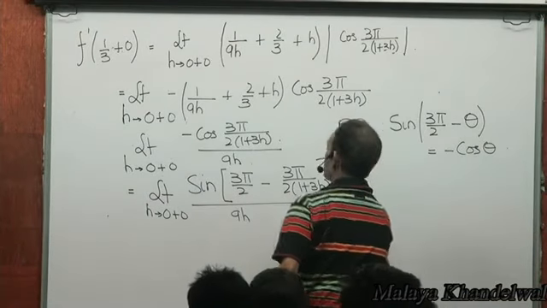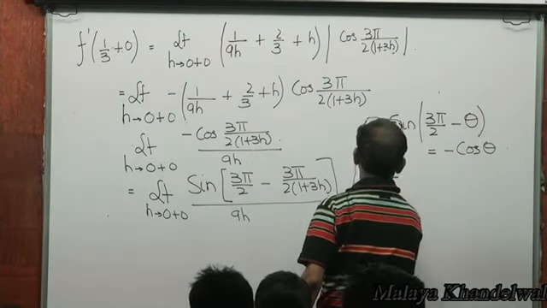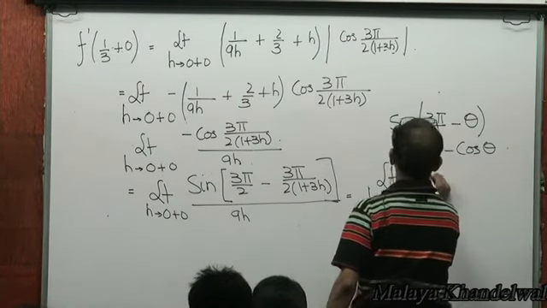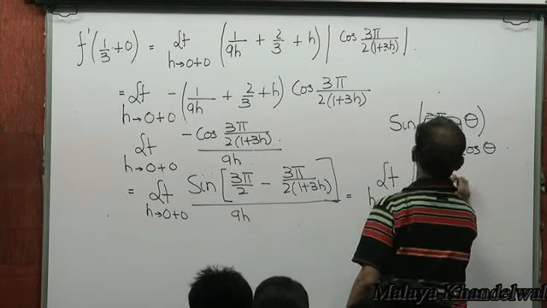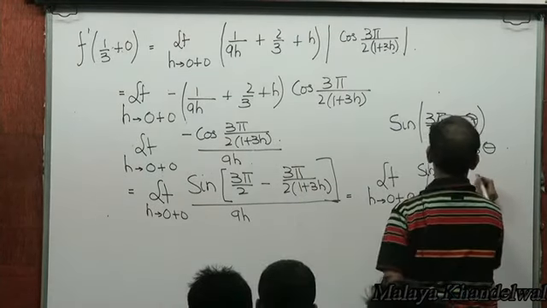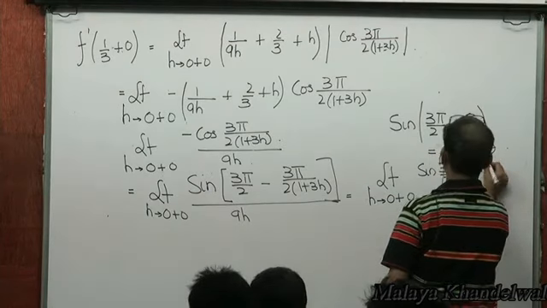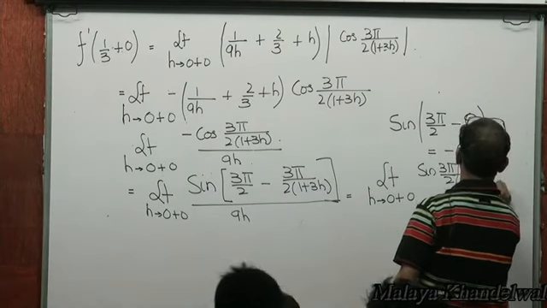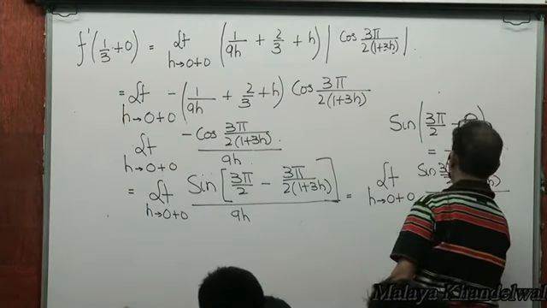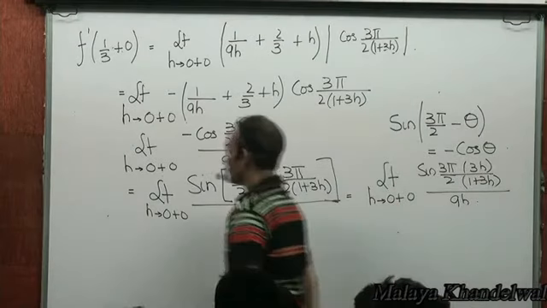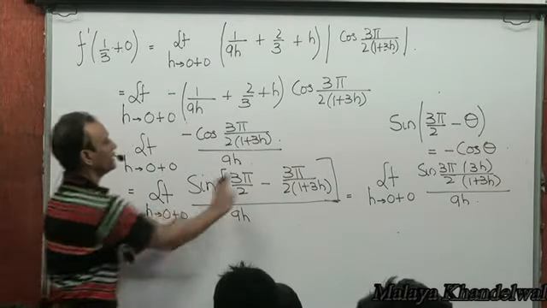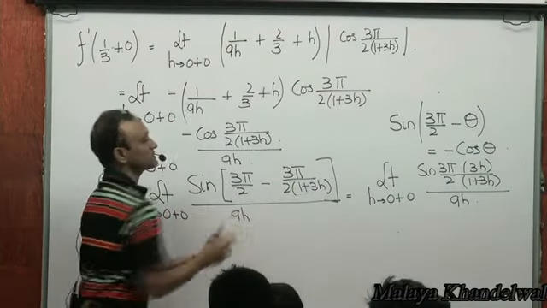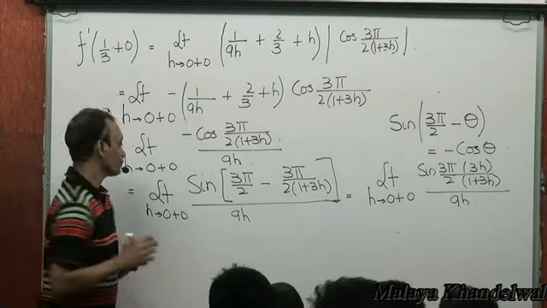Which is to say, this is the limit as h tends to 0 from the greater than 0 side of sine of 3 pi by 2 into 1 plus 3h minus 1, so 3h by 1 plus 3h, by 9h. Yes or no? As h tends to 0? I took 3 pi by 2 common, so 1 plus 3h minus 1 is 3h by 1 plus 3h. Yes or no?